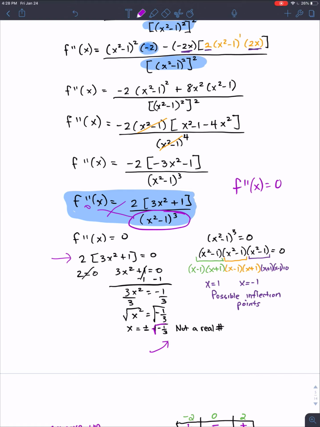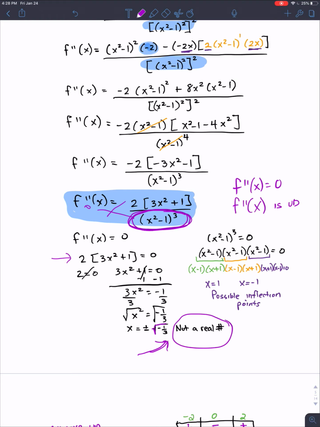So this may be one of our first examples where the second derivative equal to 0 didn't really produce anything for us because it gave us not a real number, but where the second derivative is undefined, we will have some possible inflection points. So now we're working with the second derivative undefined part.